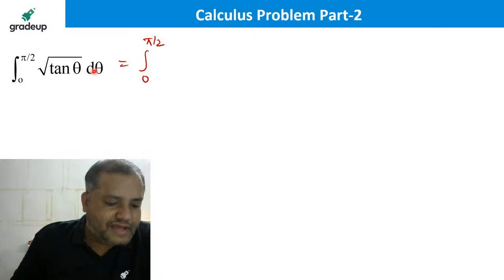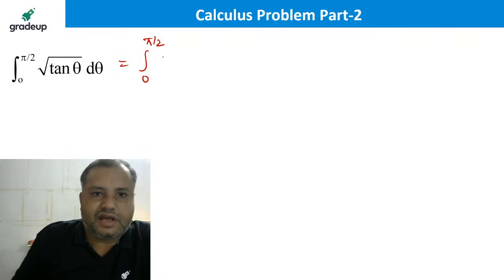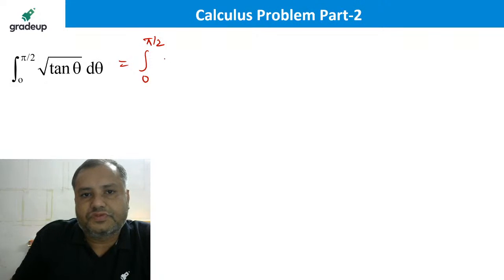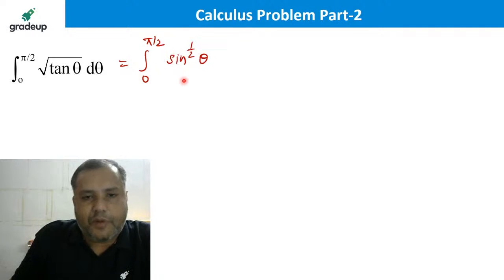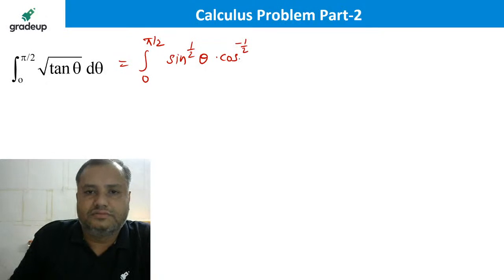So root of tan theta can be written as root sin theta upon root cos theta. So root sin theta means sin to the power 1 by 2. And upon root cos theta, if that root cos theta is brought to the numerator, it is cos to the power minus 1 by 2 theta.